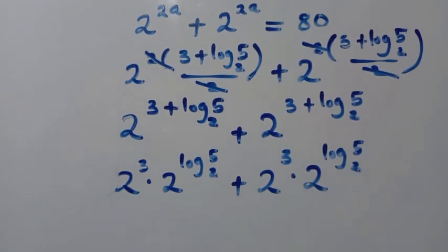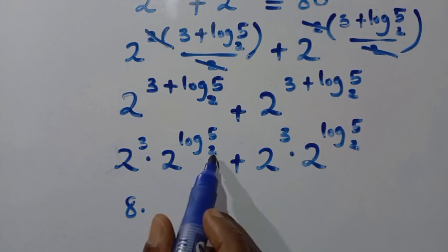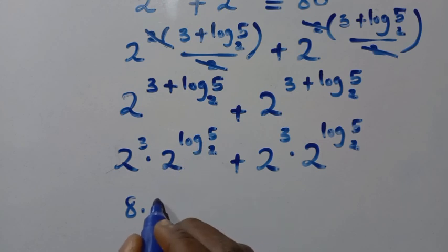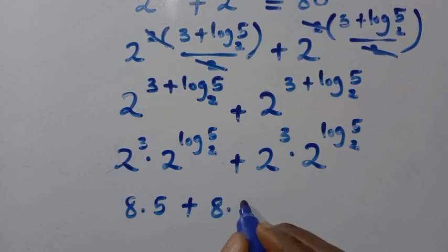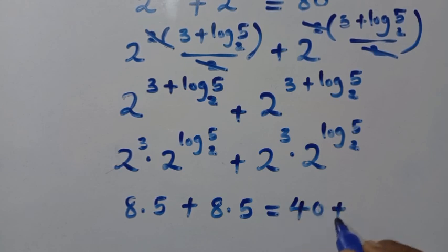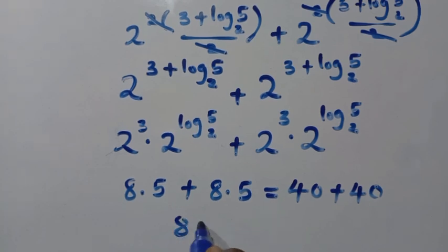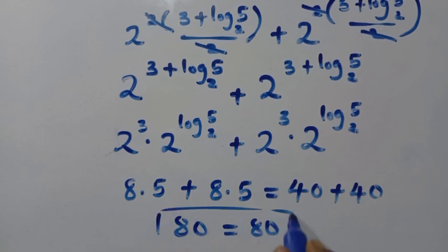So 2 to the power of 3 here is 8 multiplied by, if this base and this base are the same, we take only this, which is 5, plus also we have 8 multiplied by 5. So this equals 8 times 5, that is 40, plus 8 times 5 is 40. And 40 plus 40 here, that is 80. So it shows that 80 equals 80 from the left hand side and the right hand side.